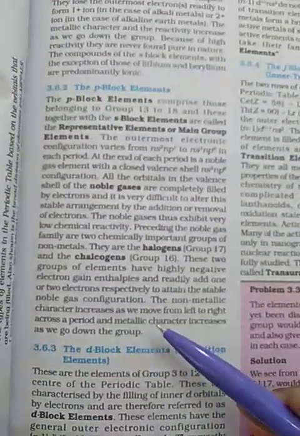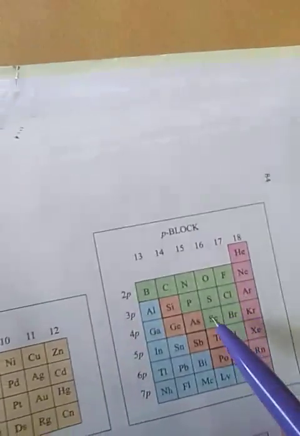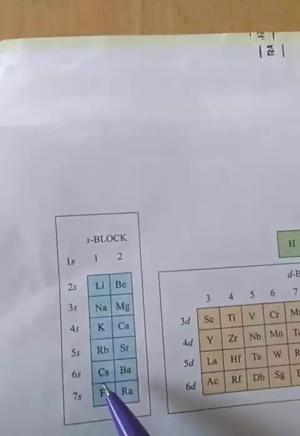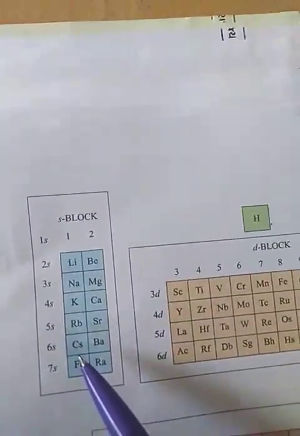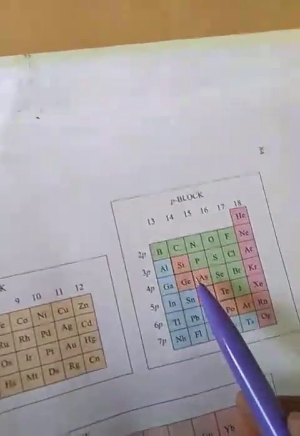Okay, the metallic character and the non-metallic character. Why non-metallic? They are losing and they are gaining. By losing electrons, they possess the metallic character. By gaining, they possess the non-metallic character.